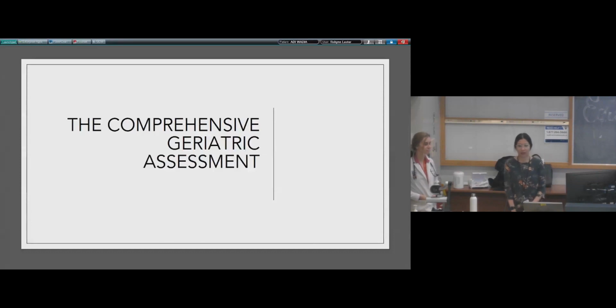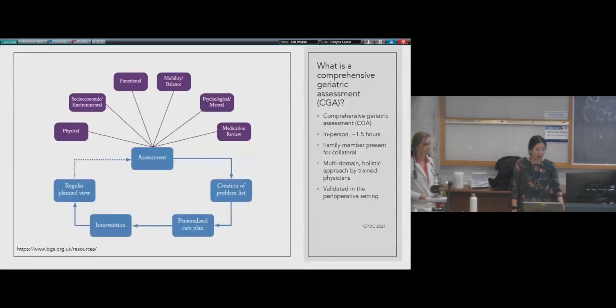So we'll start off with what is the comprehensive geriatric assessment. So those are the consults that we would see as geriatricians. They're usually done in person and total about an hour and a half. We usually have family members or collateral present to complete our history.